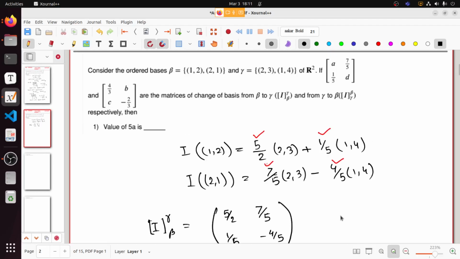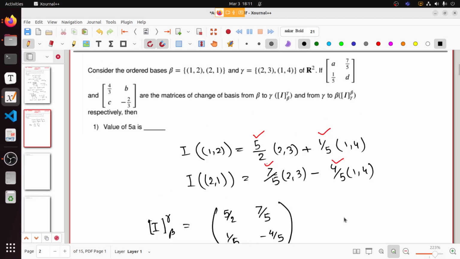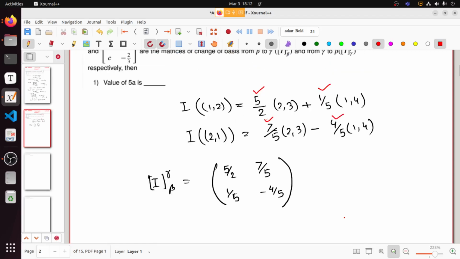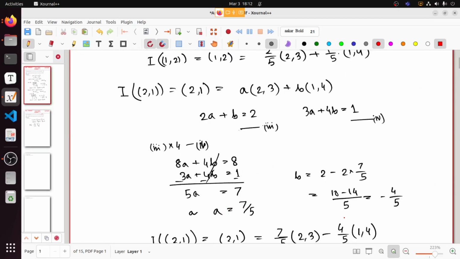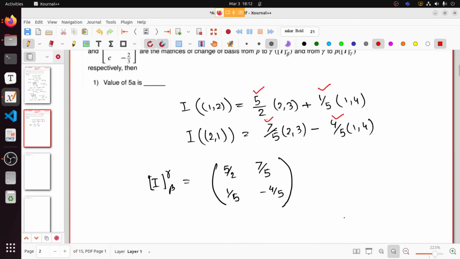Now let's see what we have to find. It's given that you have to find the value of 5a. Here a is the a11 element, that you have to find. So a is 2 by 5, not 5 by 2, it's 2 by 5.